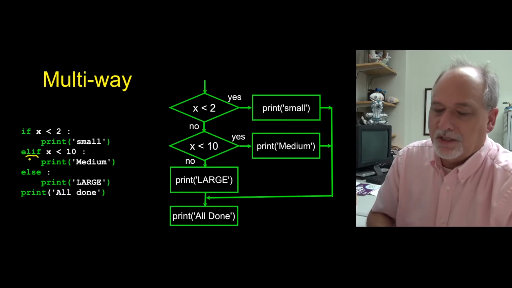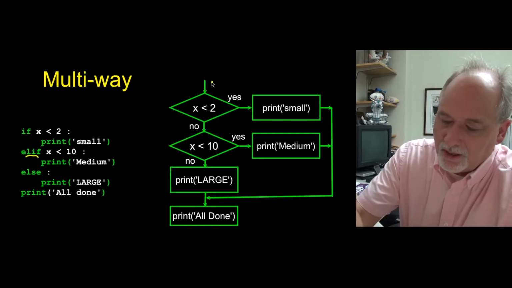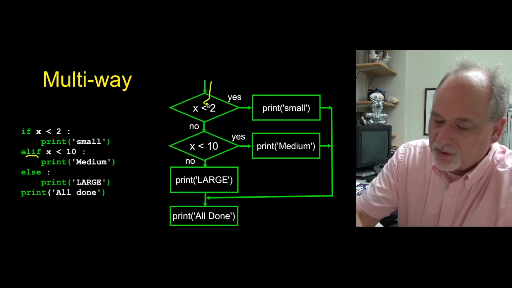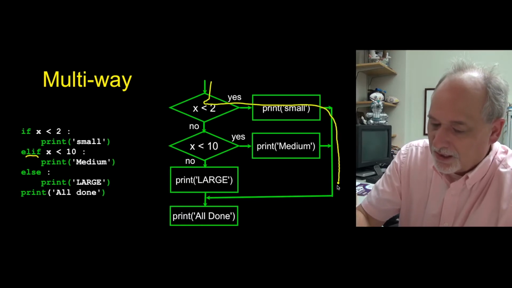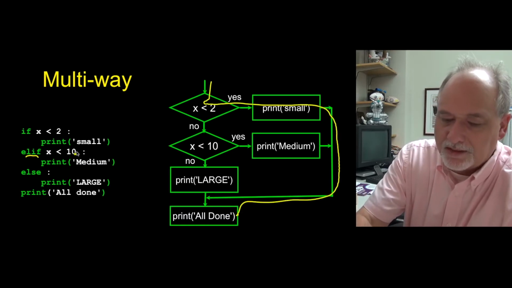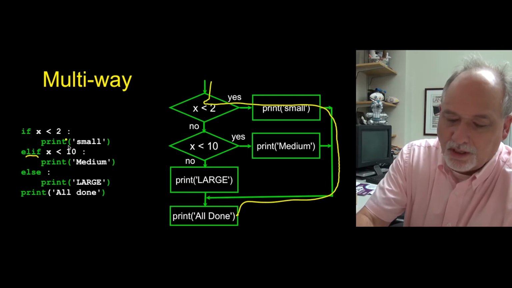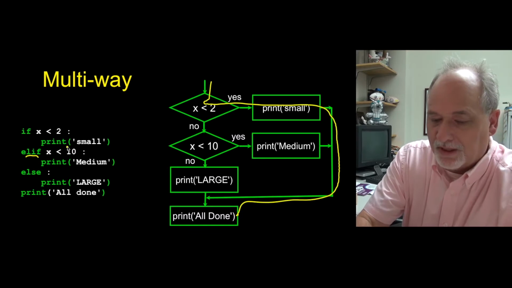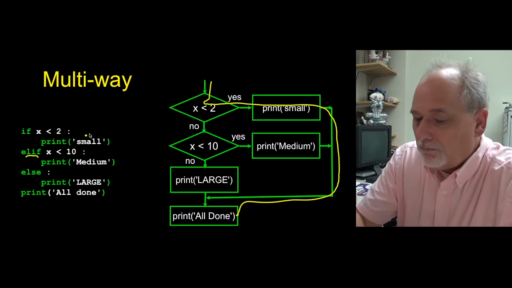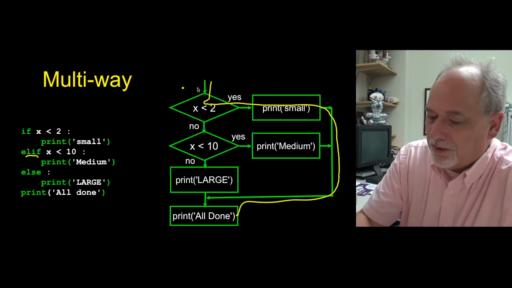The way it works is it's probably best to look at this here. It checks the first one, and if it's true, then it runs that and then it's done. It doesn't check them all. It's not like it sees that there are two logical conditions. It checks the first one, and how you order these matters, as we'll see in a bit. If the first one is true, it runs.